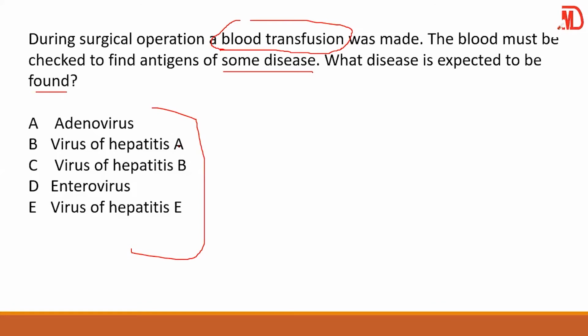Hepatitis B. Hepatitis A and hepatitis E are fecal oral, even adenovirus and enteroviruses. But hepatitis B is by blood or fluid. So your answer is C, hepatitis B.